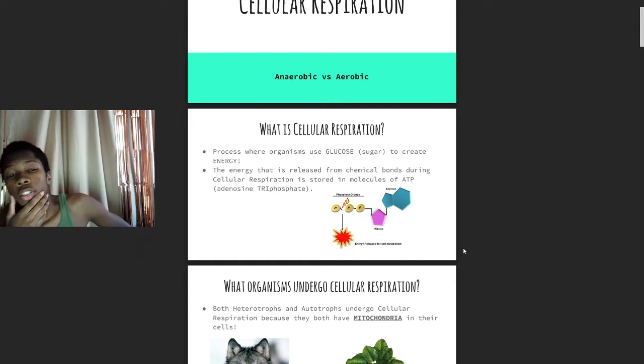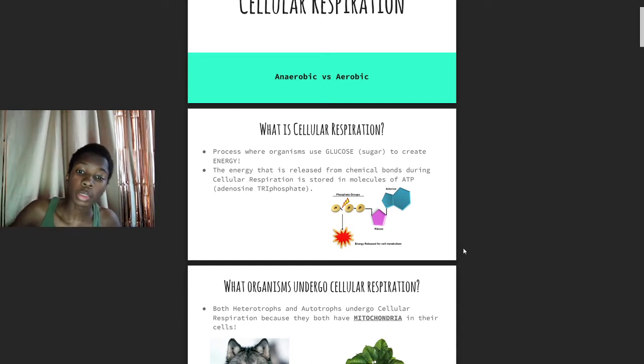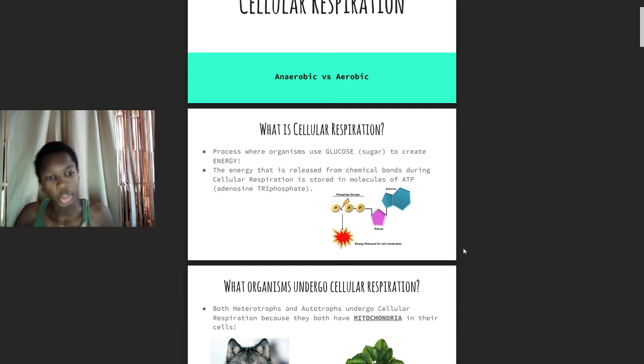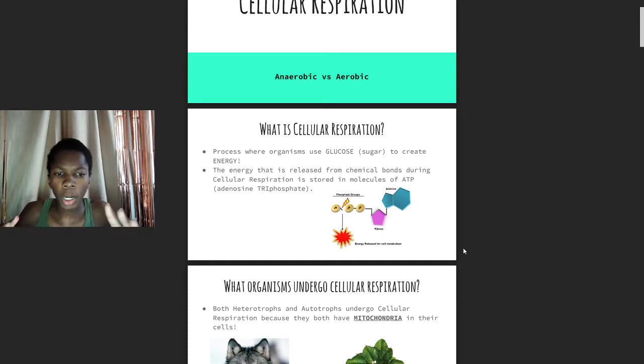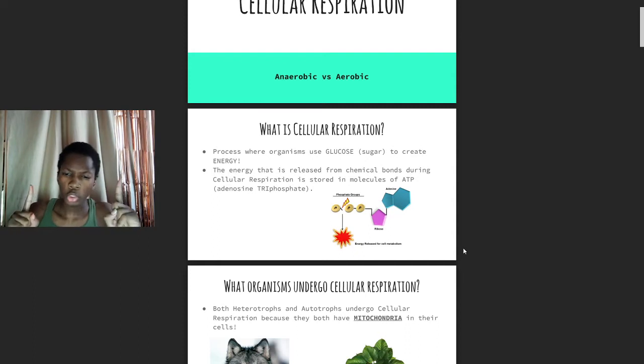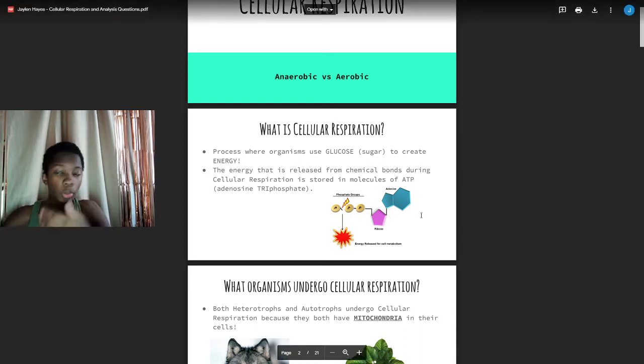Now, the process of cellular respiration is where organisms use glucose, sugar, to create energy. You should know what energy is. And the energy that is released from chemical bonds during cellular respiration is stored in molecules of ATP, which is a word I don't know how to say. You can look it up on Google.